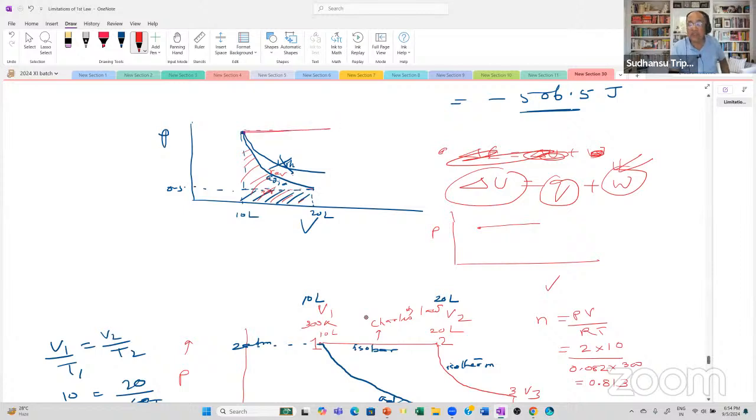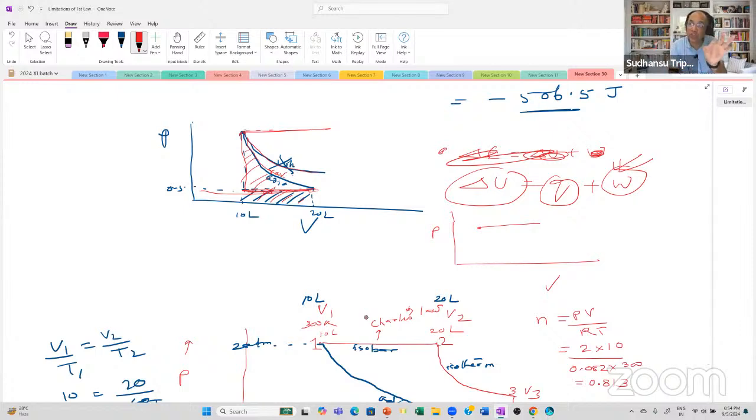This is isobaric, this is isothermal, this is adiabatic, and this is isochoric. So that discussion was not this one. In this one, the external pressure is this. But there, the external pressure was the starting point.